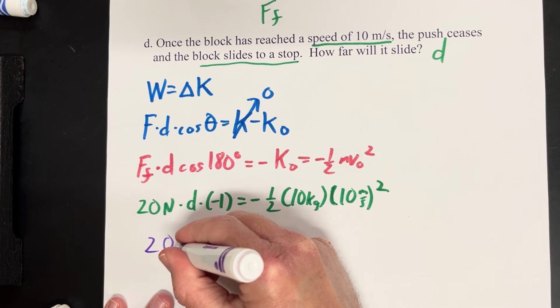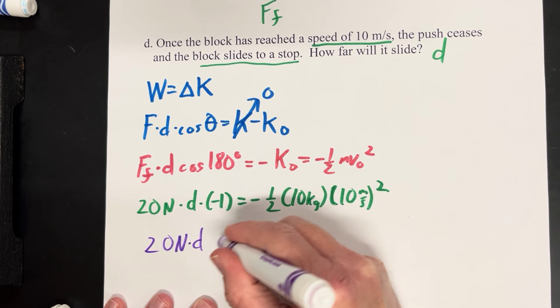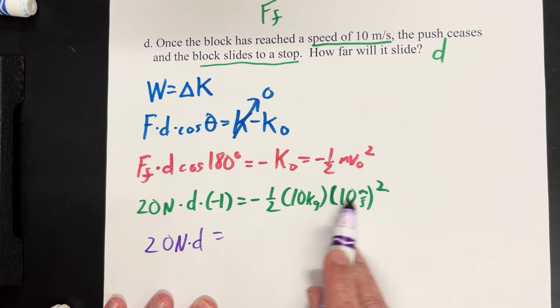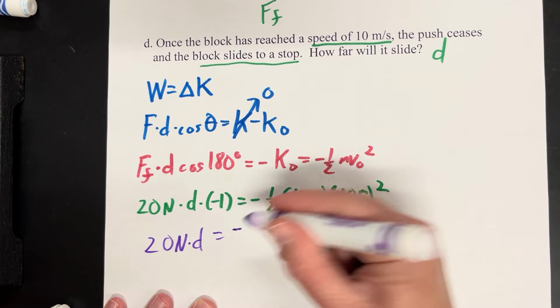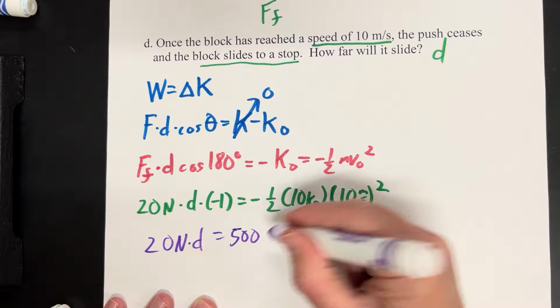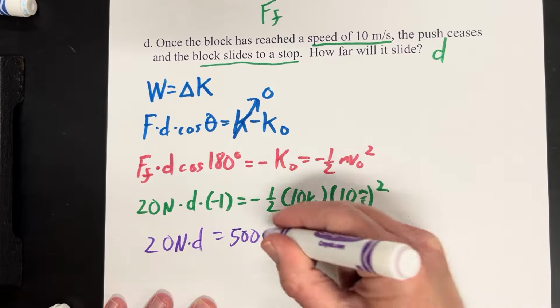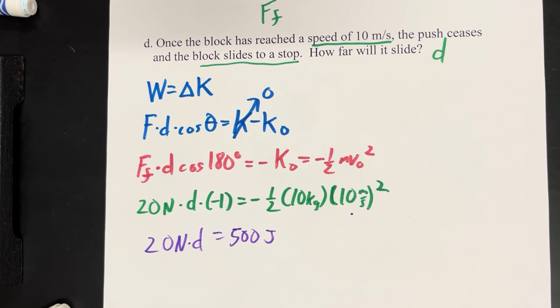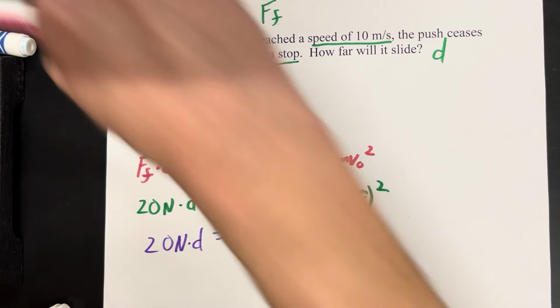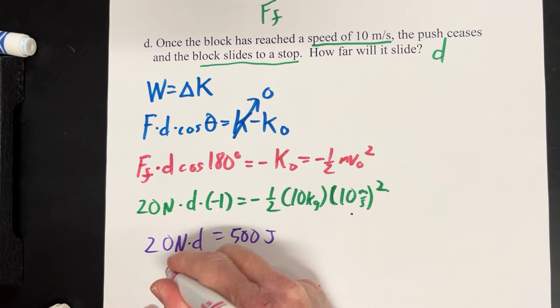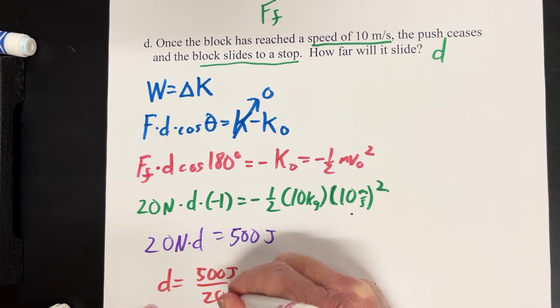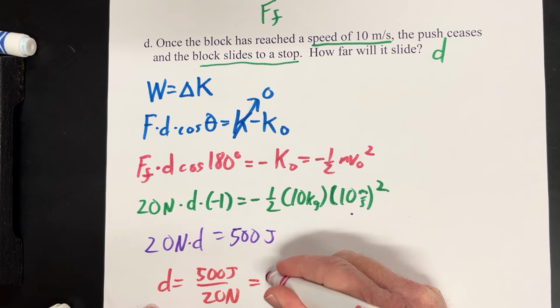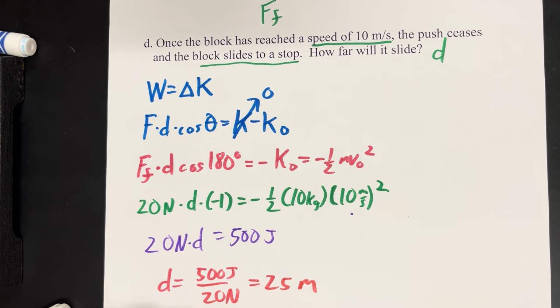We got 20 newtons times the distance is equal to 10 squared is 100 times 10 is 1,000. Half of 1,000 is 500 joules, since this is an energy. Last step is simply to divide to solve for the distance by 20 newtons. So 500 joules divided by 20 newtons winds up being 25 meters, the distance that we have slid.